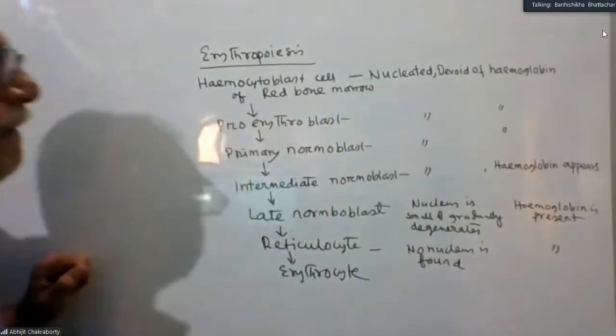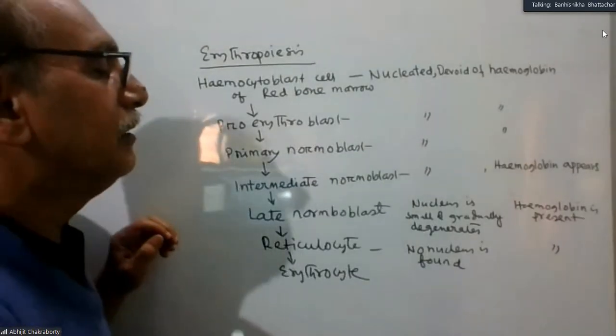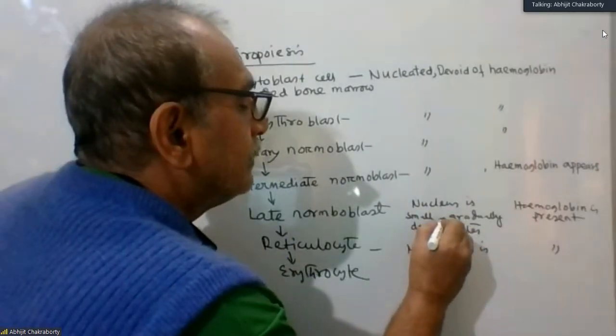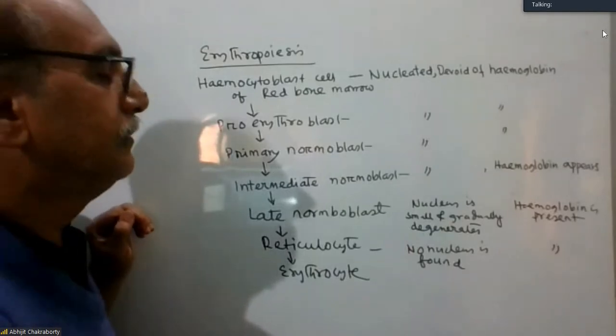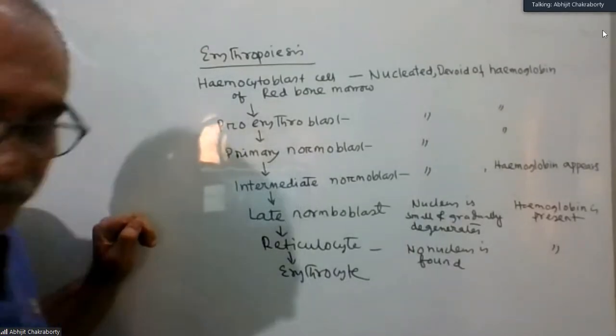So what you have written on that side, nucleus is small gradually? No, not gradually, and degenerates. In reticulocyte, no nucleus is found.